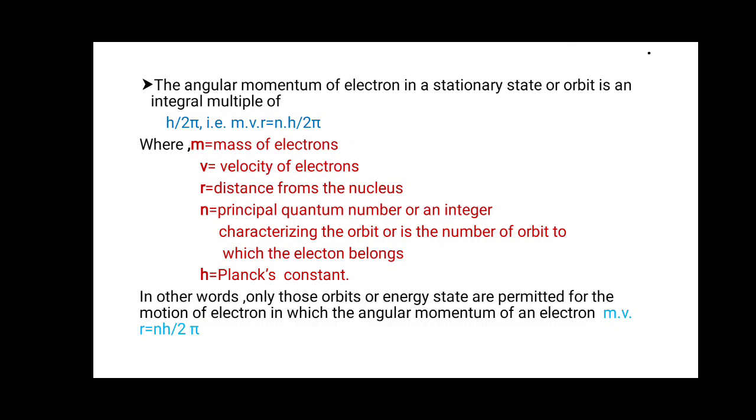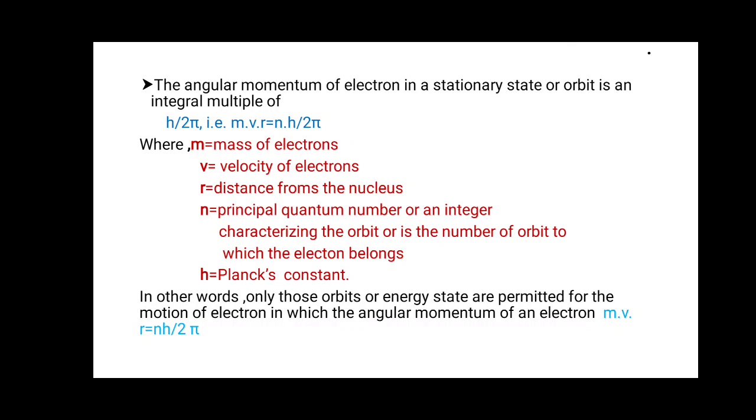In other words, only those orbits or energy states are permitted for the motion of an electron in which the angular momentum of the electron, that is mvr, is equal to nh upon 2 pi.